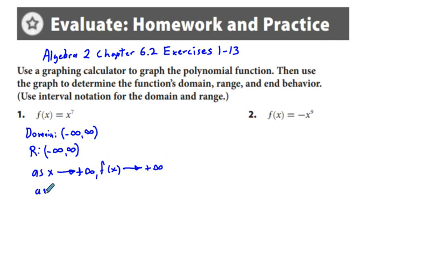As x is approaching negative infinity, f of x is approaching negative infinity. So that'll be it. That's problem number 1.